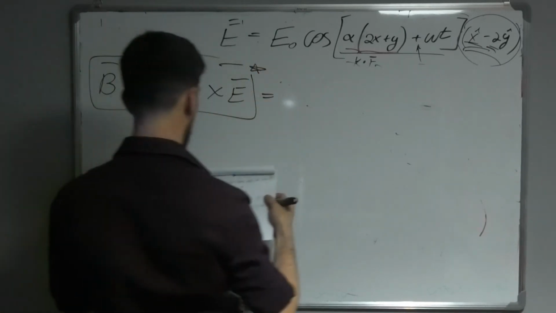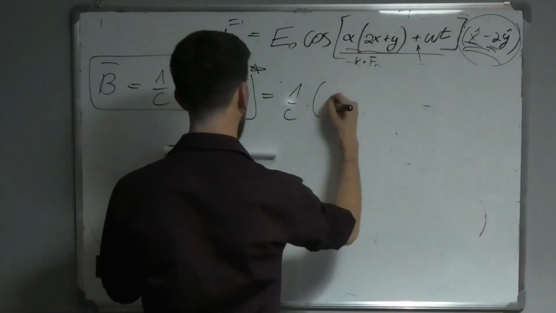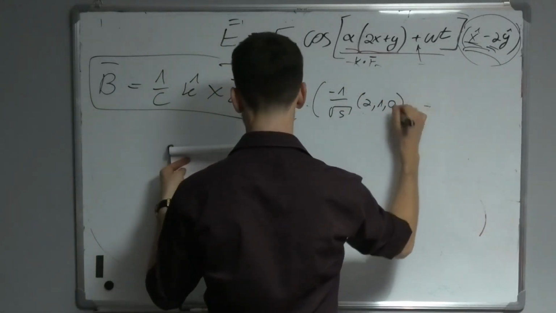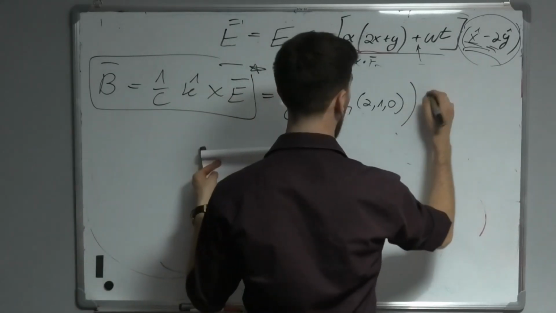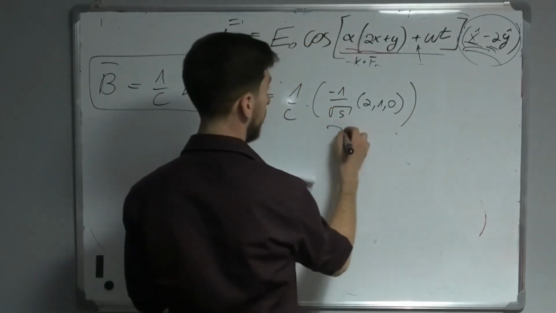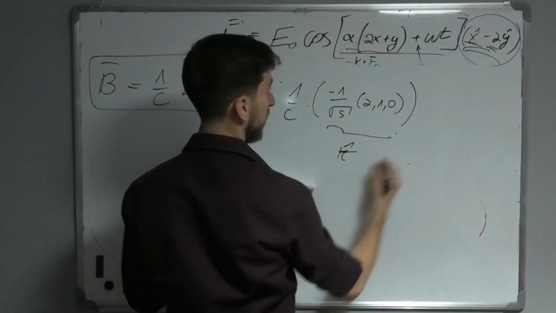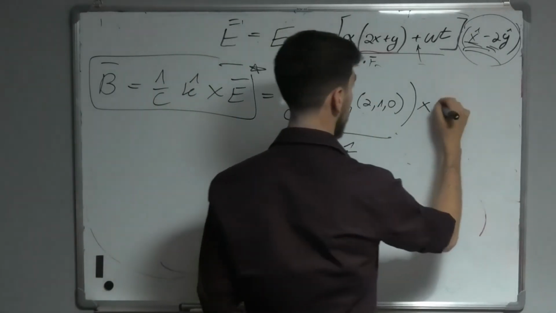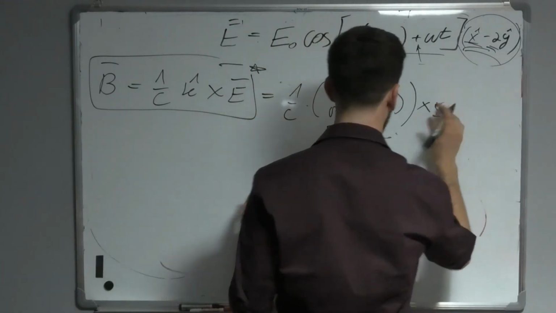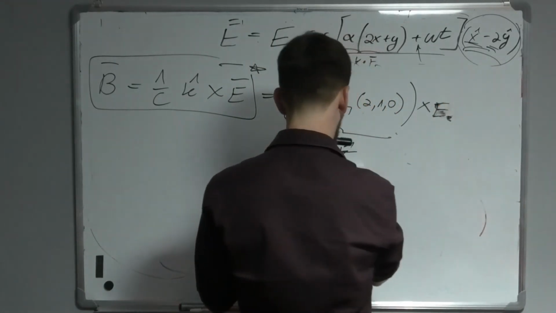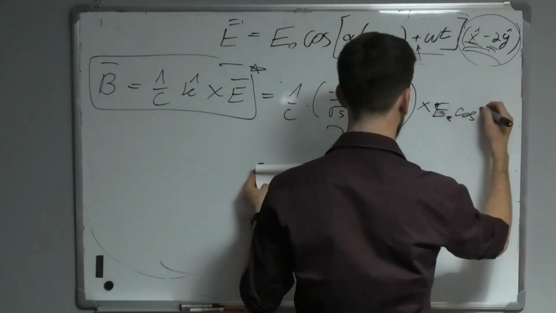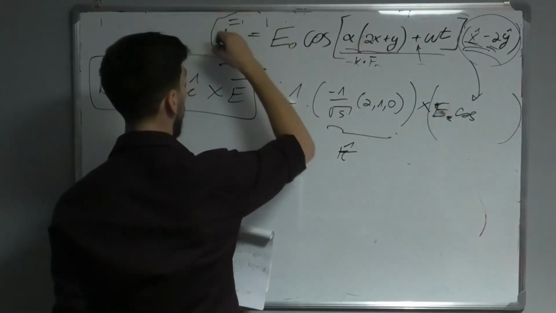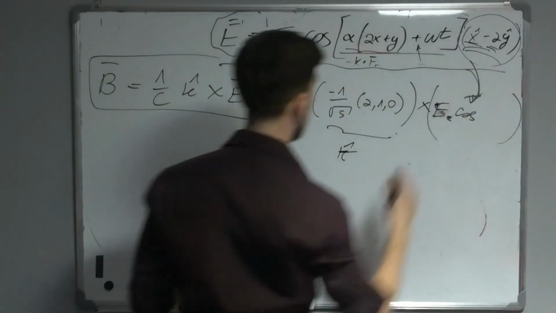So this one is 1 over c times 1 over square root of 5 times (2, 1, 0), and now I have k hat cross E. So this is E0, and this is E0 cosine, actually it's this term, all of this going here. Perfect.